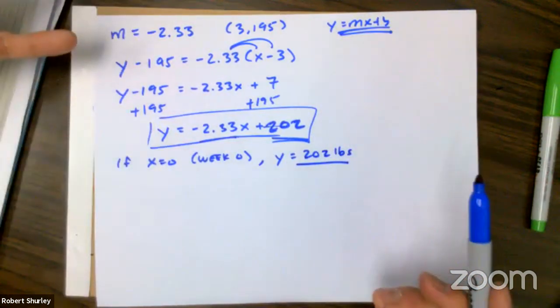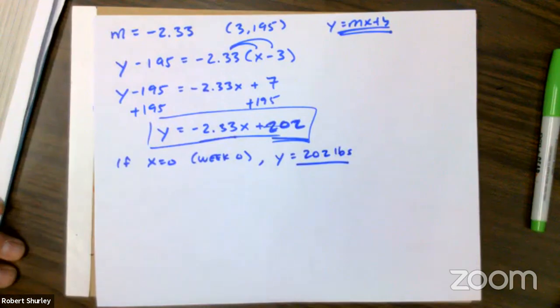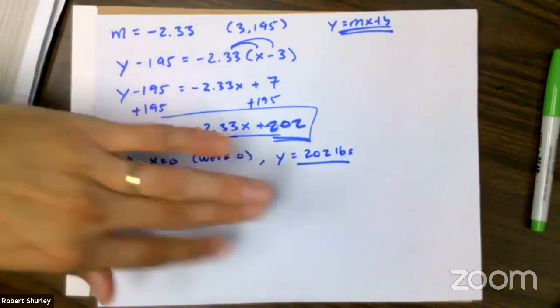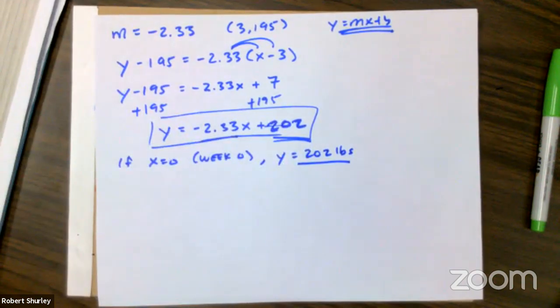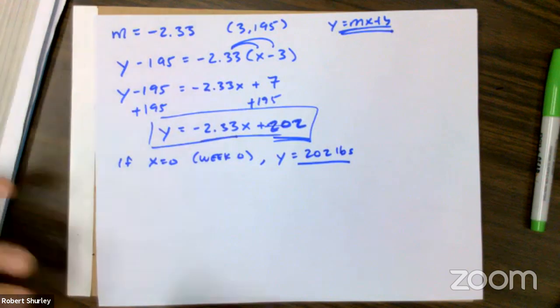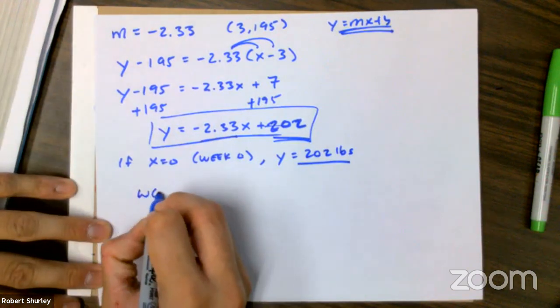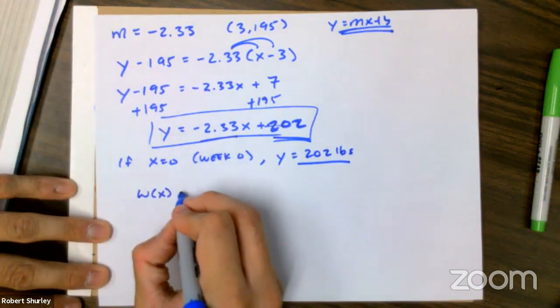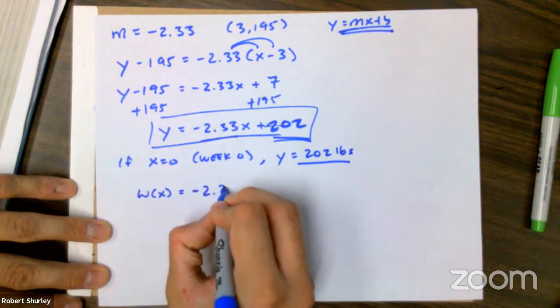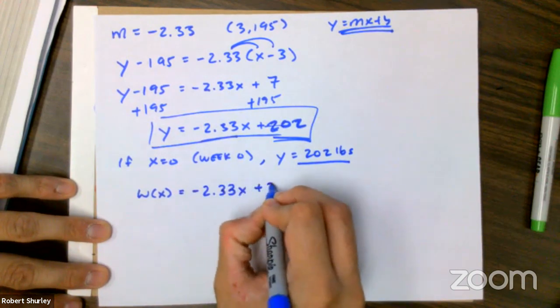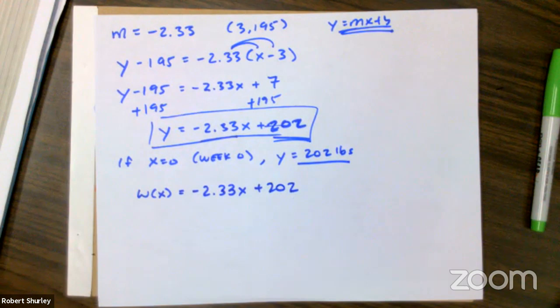That's where this trend line anyway starts. It might not be where I actually start, but it's where the trend line starts. The trend line is saying I start at week 0 at 202 pounds, okay? Now I'm going to write this as a function because I can. So I'm going to write it as w of x, because we're talking about weight, equals negative 2.33x plus 202.